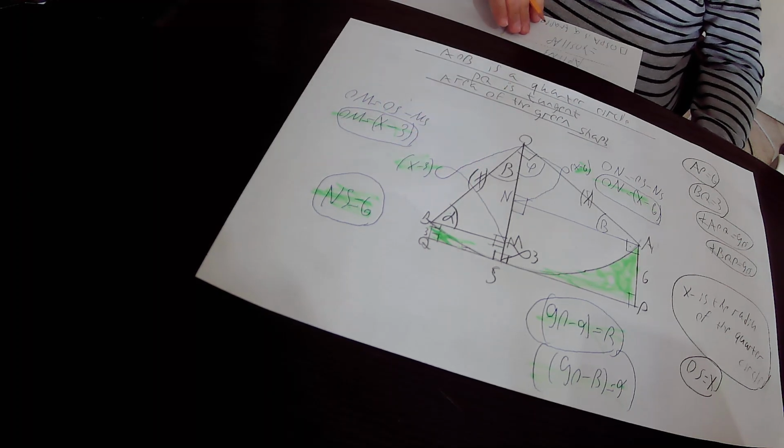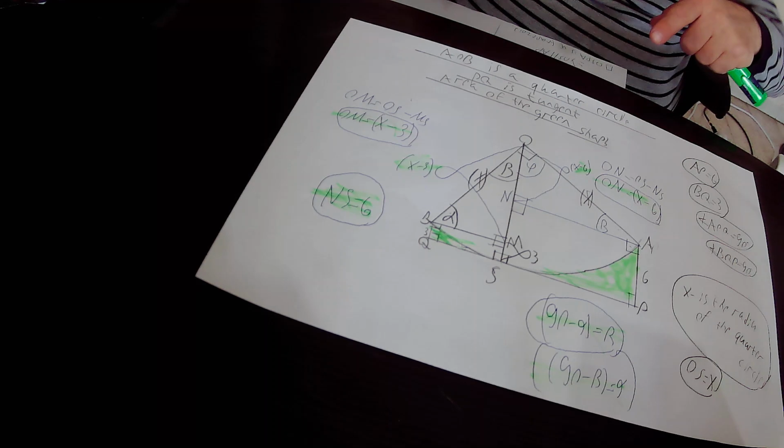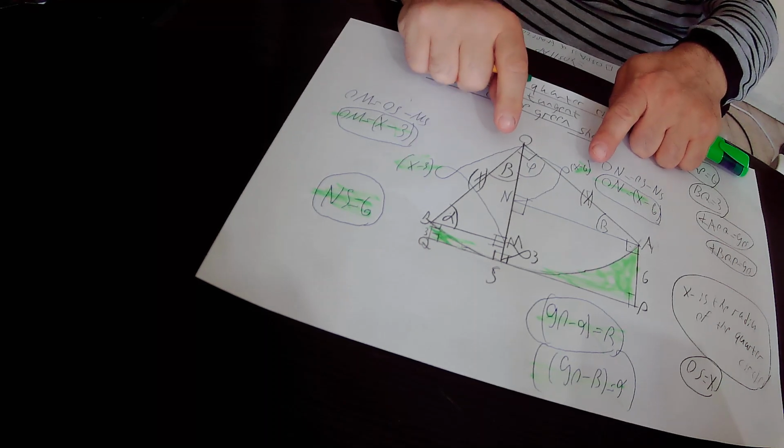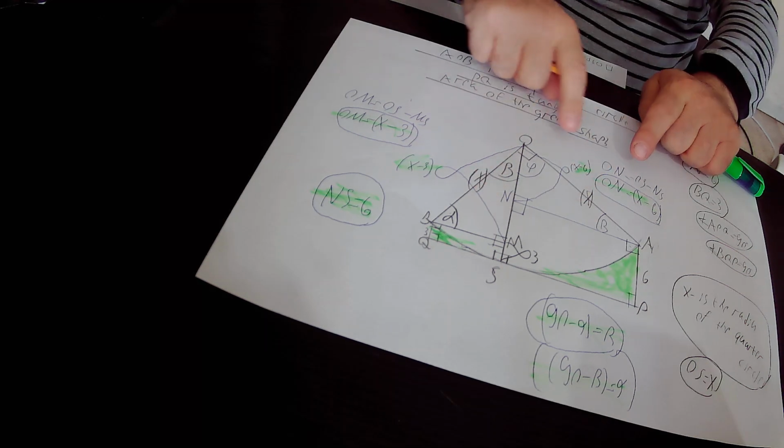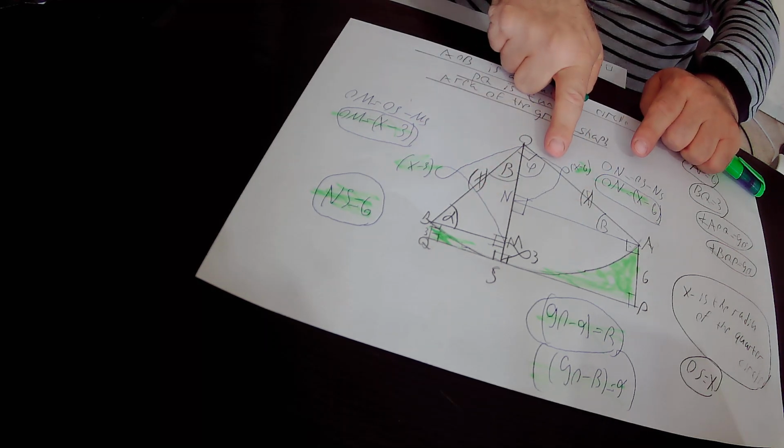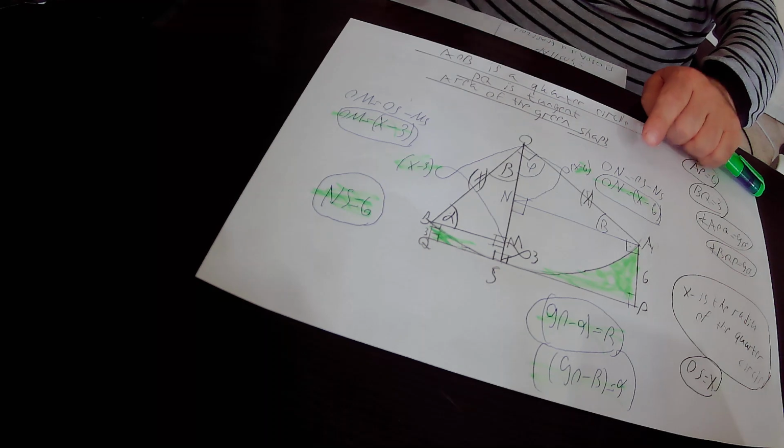So, as I already mentioned, in the next step, we prove that those two right triangles can go into each other. So, this is the right triangle ONA.